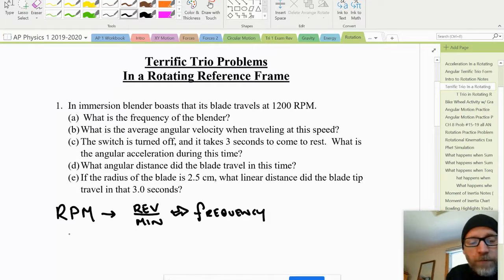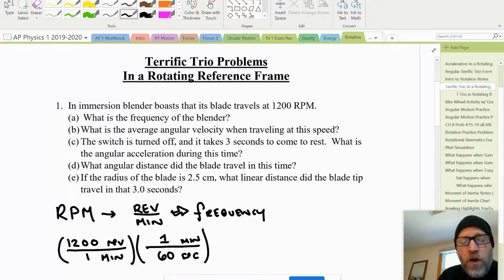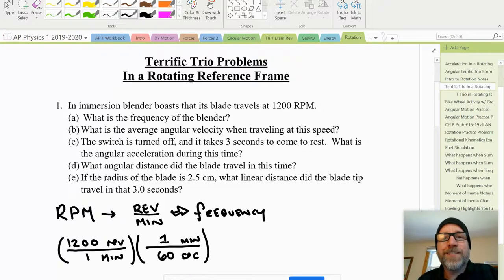So if I have 1,200 RPMs, I rewrite that as 1,200 revolutions per 1 minute. Now I'm going to put minutes on the top and seconds on the bottom, and my conversion factor is 1 minute divided by 60 seconds. What is 1 minute divided by 60 seconds?